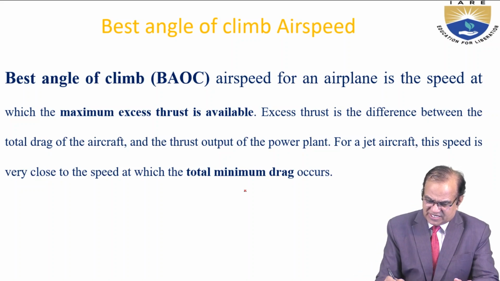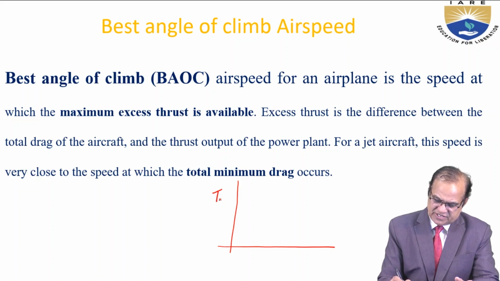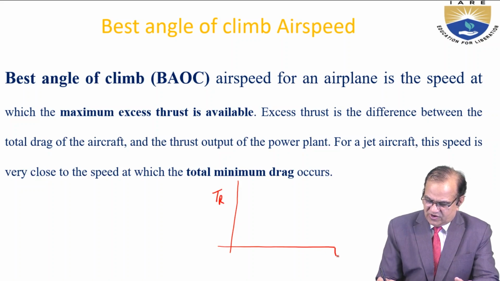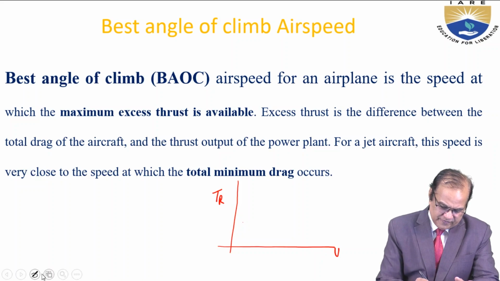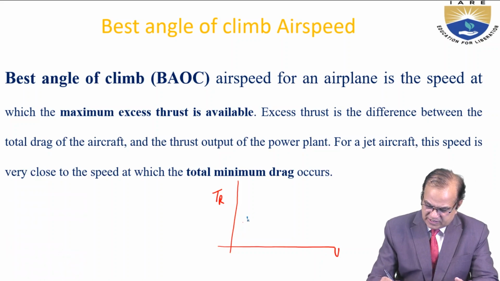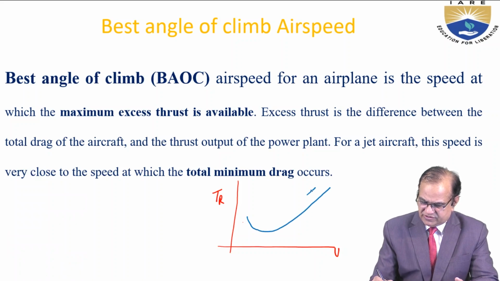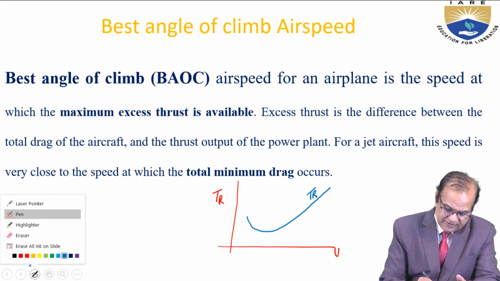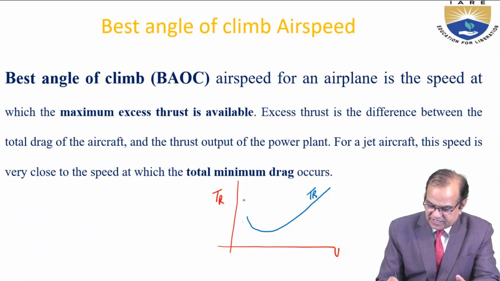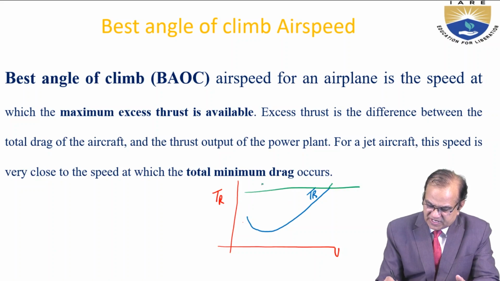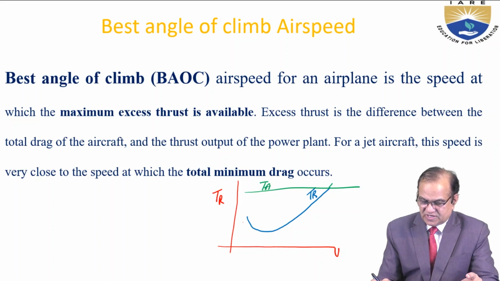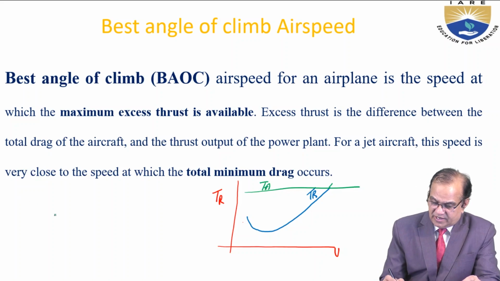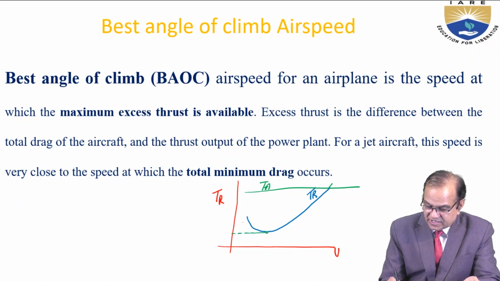So it is very interesting that this is the thrust required and this is the velocity. The plot for this will be like this. This is the TR curve, and this is the thrust available curve, the TA. So this is the point at which there is minimum drag.